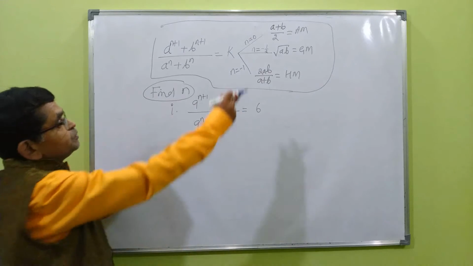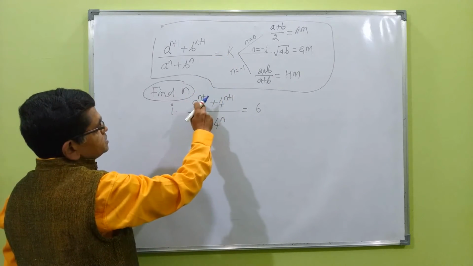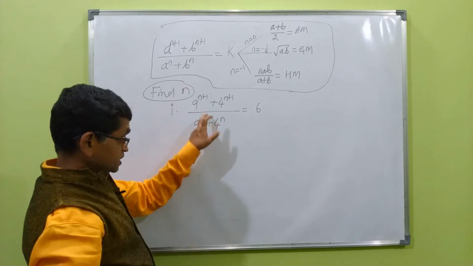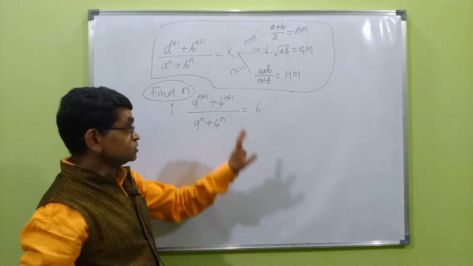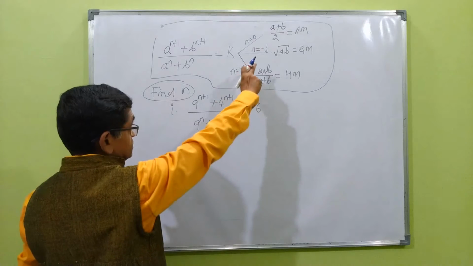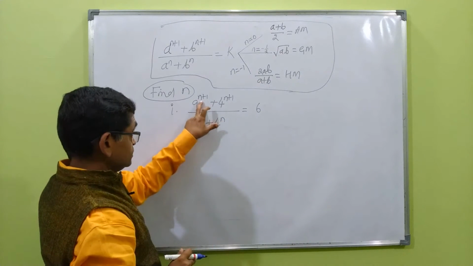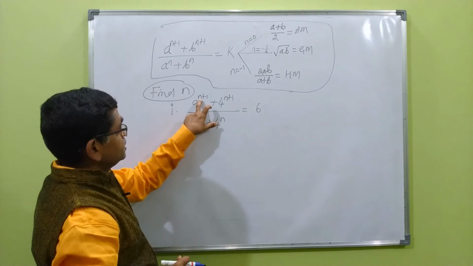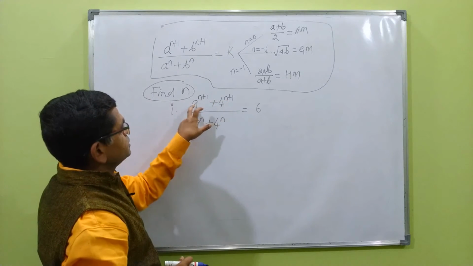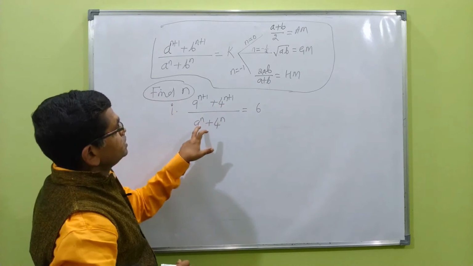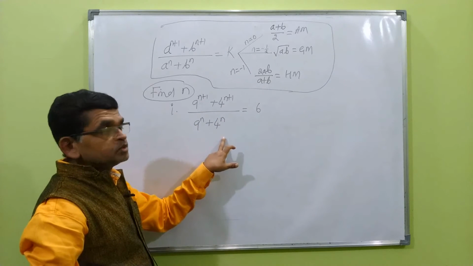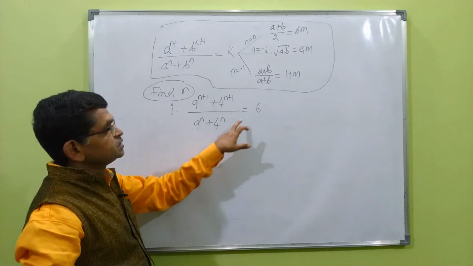See, if you put n is equal to 0, what happens? 9 plus 4 divided by 1 plus 1, 13 by 2 is not 6, so that is not correct. So n is equal to minus half. If you put, minus half means plus half, plus half. 3 plus 2 divided by 1 by 3 plus 1 by 2, that is not 6.